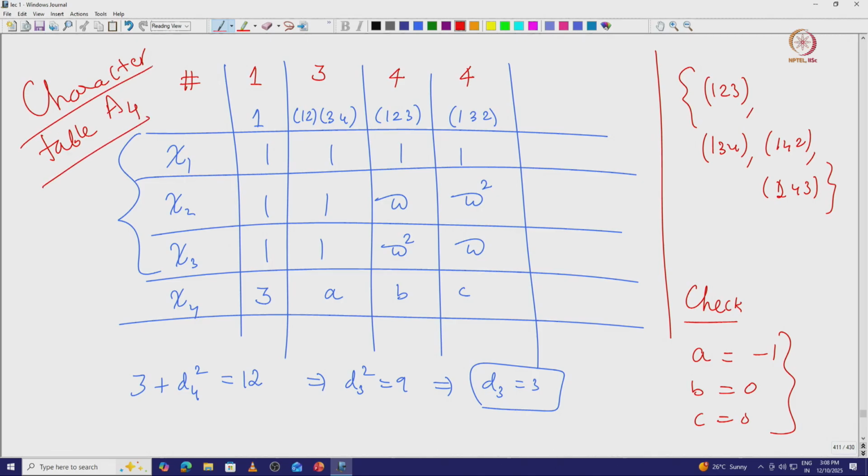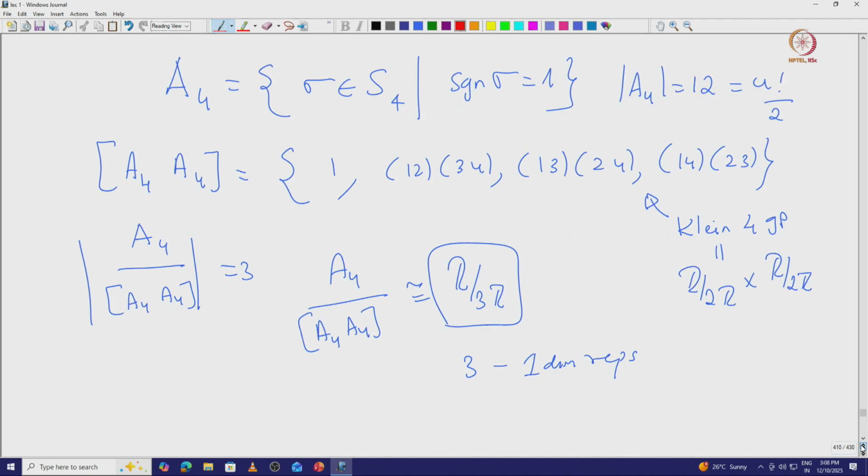These groups, Q8, D8, A4 and so on, fit into an important framework, where the commutator group is big enough and the quotient is abelian.